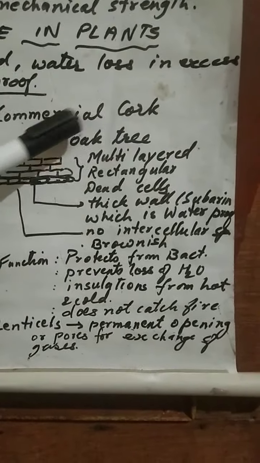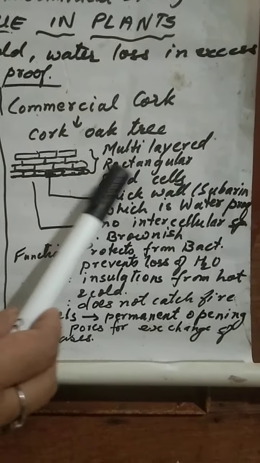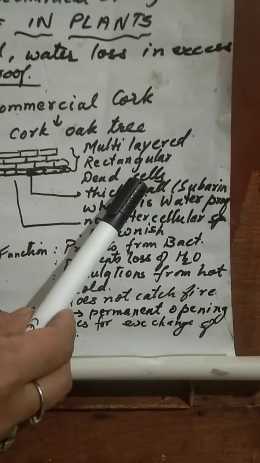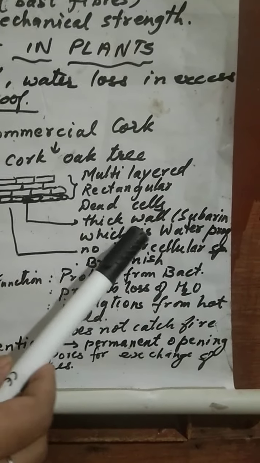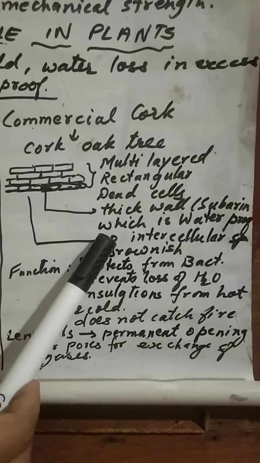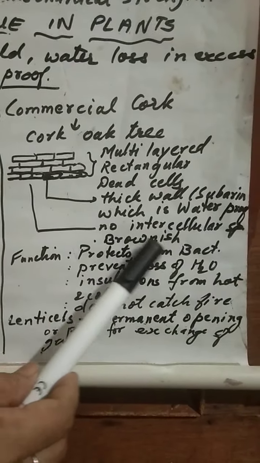This is the cork of an oak tree. This is made up of multi-layer rectangular dead cells. They have very thick walls. Deposition of suberin is present in them, which makes them waterproof. There is no intercellular space. They are tightly arranged and the color is brownish.